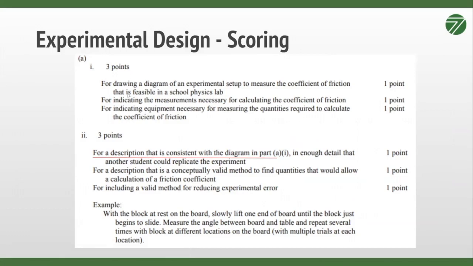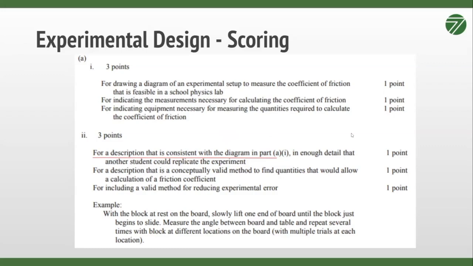Okay, so for a diagram of an experimental setup to measure the coefficient of friction that is feasible in a school physics lab, anything that you could feasibly use to measure the coefficient of friction would get you a point, even if everything else is wrong. At least if your diagram is something they think they could feasibly use, they'll give you a point for that.